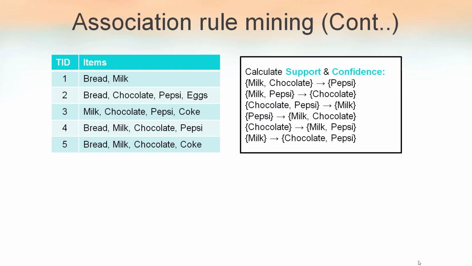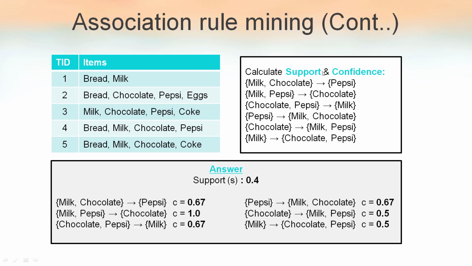We can also calculate support and confidence for all the rules. Here you can see some association rules. Here support is equal to 0.4. Suppose I am taking milk, chocolate and Pepsi. You can see only two transactions with milk, chocolate and Pepsi, right?